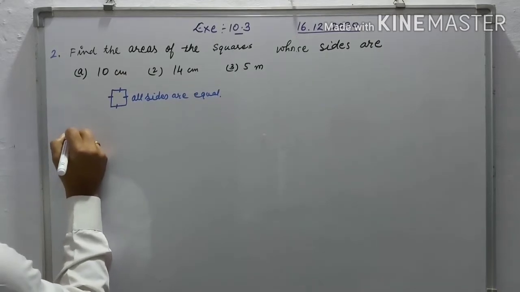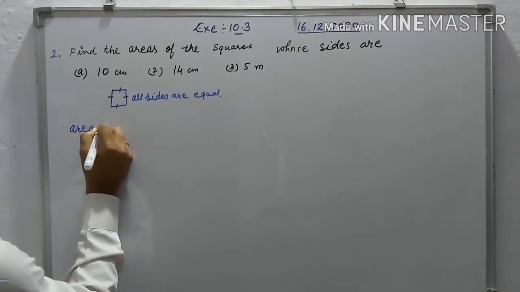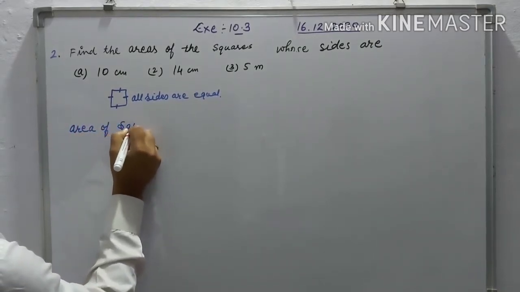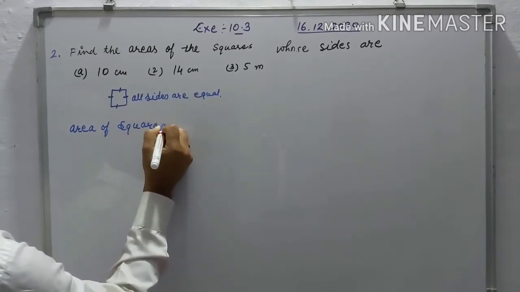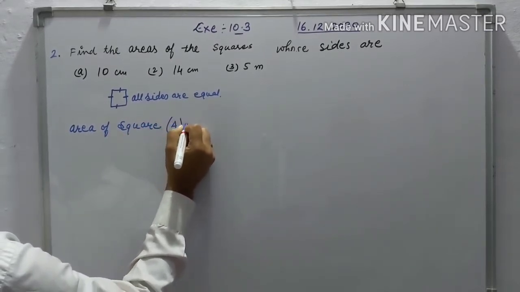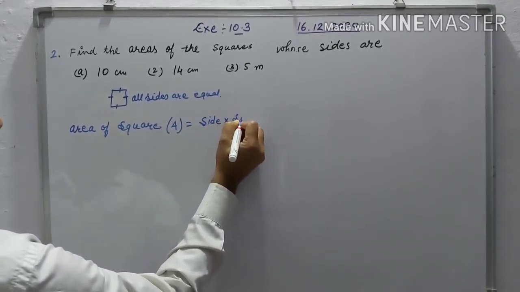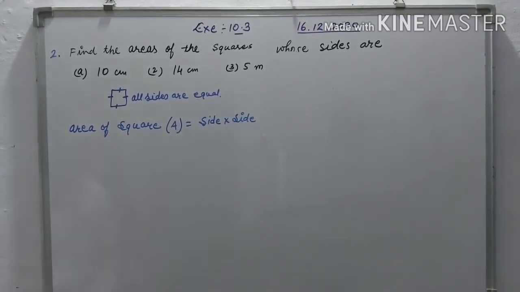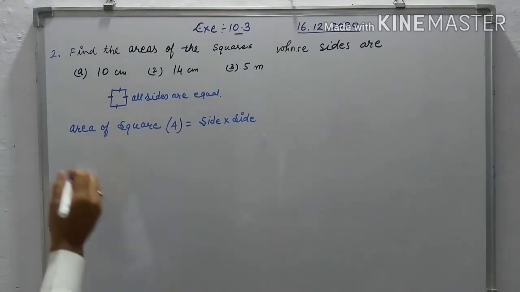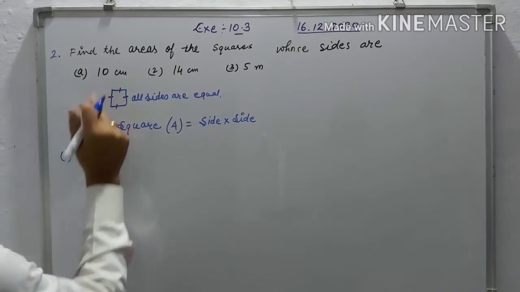So here we write the area of square is, write the capital A, equal to side into side. The area of the square is side into side. The first question is 10 centimeter.